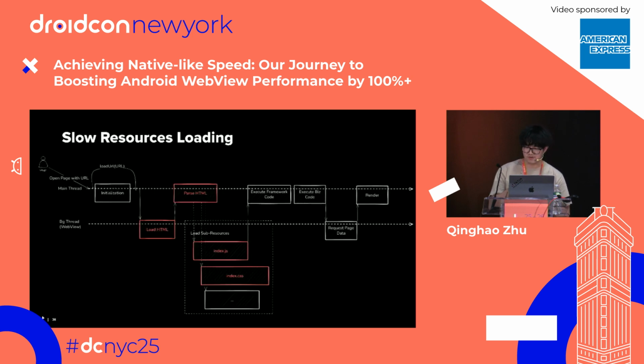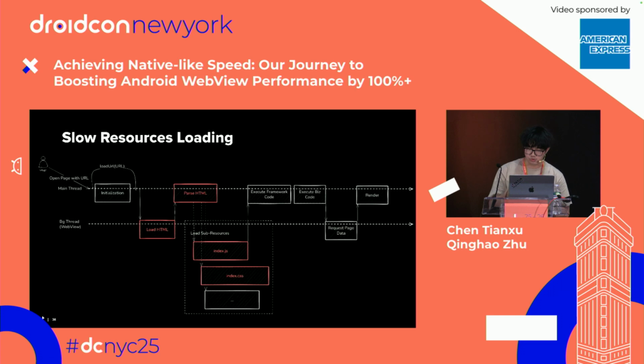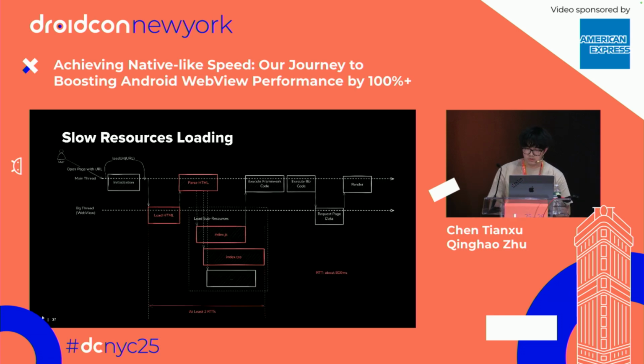This is a simplified flowchart of a web page loading process. Let's focus on the resource loading part. Opening a page involves multiple network resource requests. Typically, at least 3 types of resources need to be loaded: one HTML file, a JavaScript file, and a CSS file.